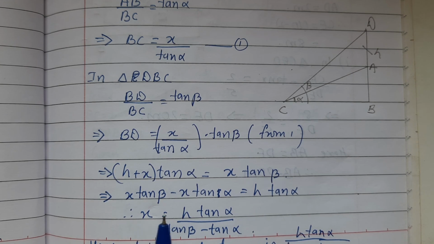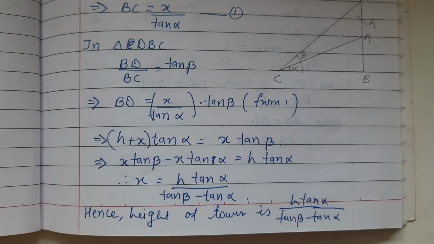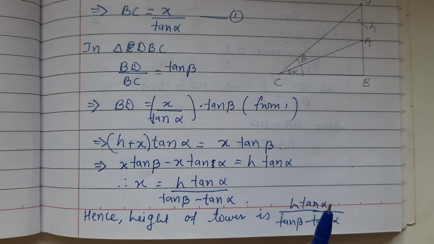Therefore, x equal to h tan alpha upon tan beta minus tan alpha. Hence, the height of the tower is h tan alpha upon tan beta minus tan alpha.